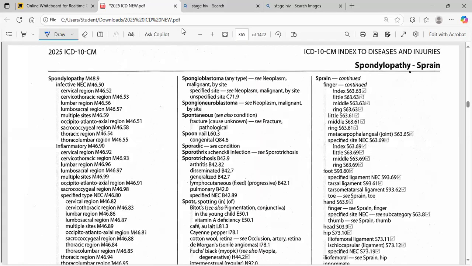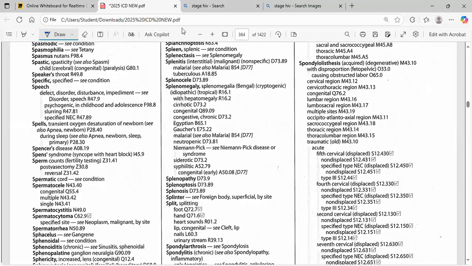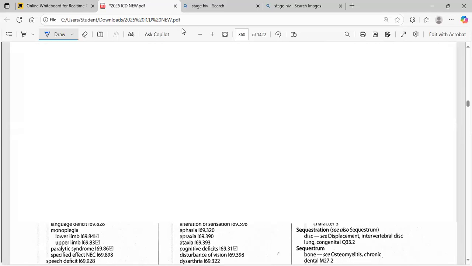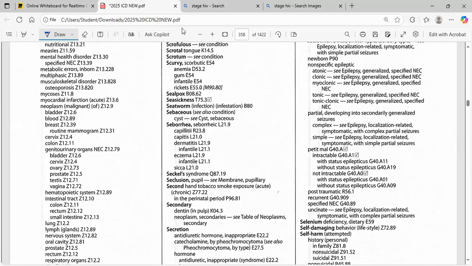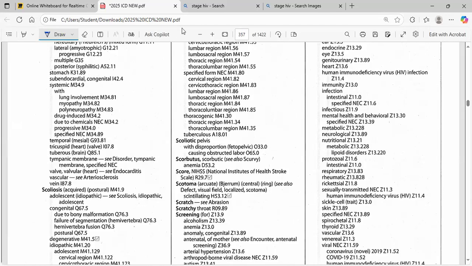To find out the screening code, you have to refer to screening in the index. Our screening codes are listed from the Z series. Yes, you can see it. These all are the screening codes. Let's say the patient is coming for the screening of HIV disease, testing for HIV. So our code should be Z11.4. But we will use Z11.4 only if the patient is without symptoms.